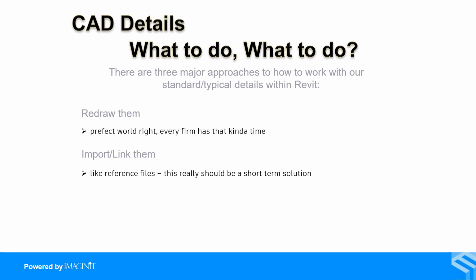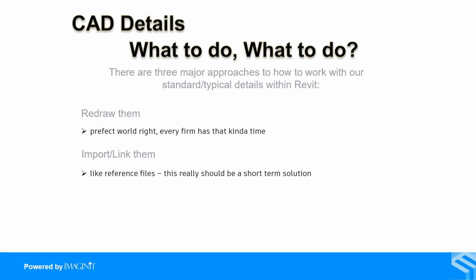We would take that detail, that DWG, and bring it into our project directory. Now I'll mention this again a little later, but the big caveat for doing this inside of Revit is that each detail has to be in its own DWG for this to work properly. Now you can bring them all in, but then we're going to lose some functionality that we could get in Revit.